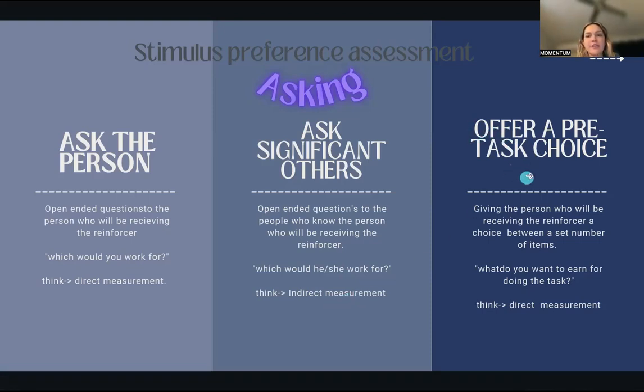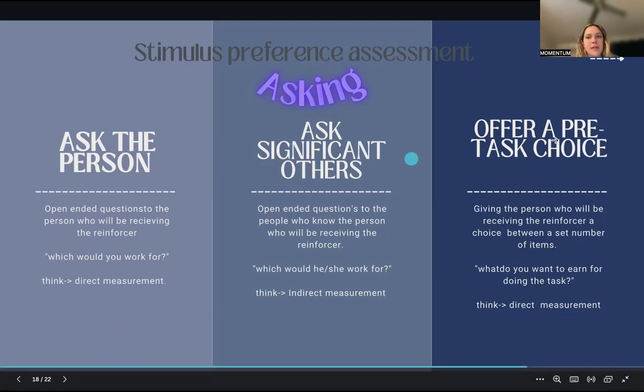And then offer pre-task choice. So this is giving the person who will be receiving the reinforcer a choice between a set number of items. So this is when we might say, what do you want to earn for doing the task? So think of it as a direct measurement as well.